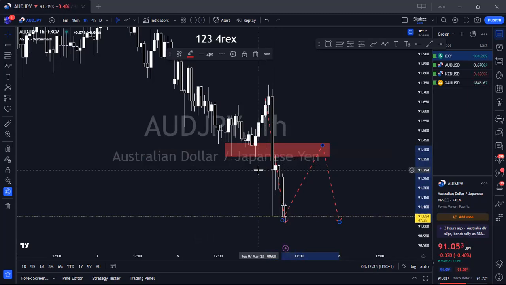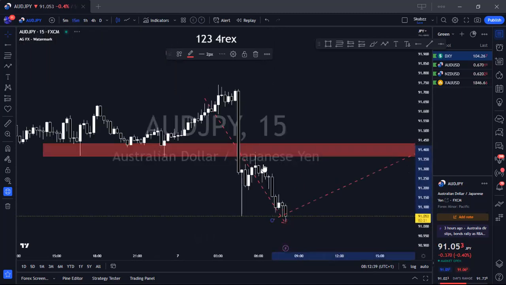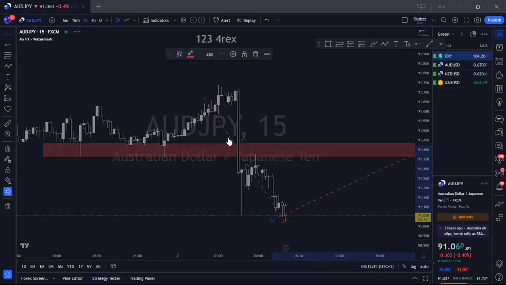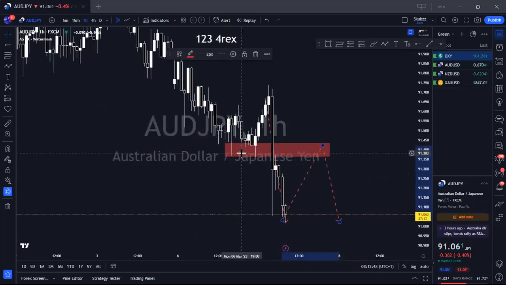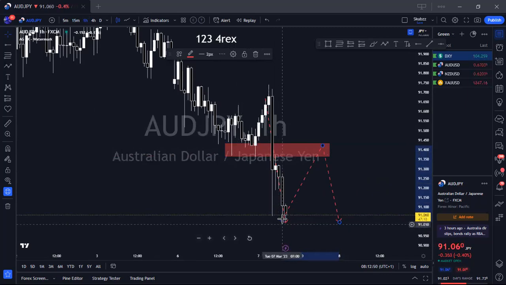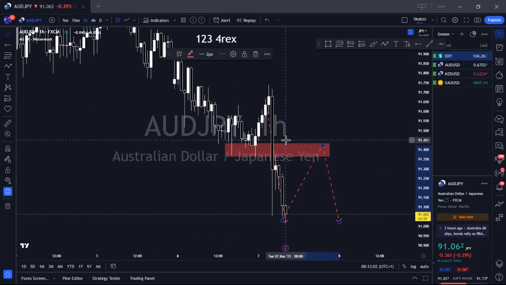Most times when price breaks immediately on the 15 minutes, price tends to retest. But since that zone is a 1H zone, you can clearly see it on the 1H, and most times price will still come back to retest it properly on the 1H. So I get you now.